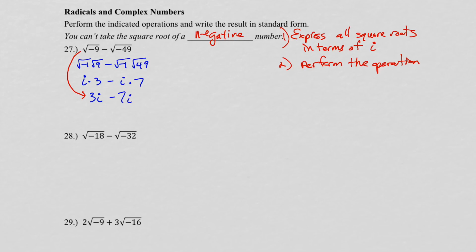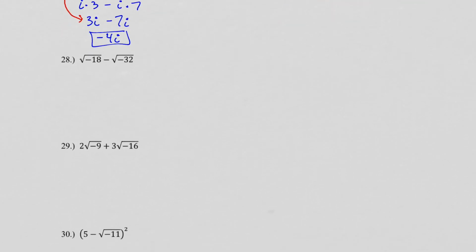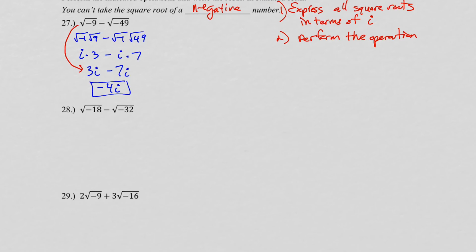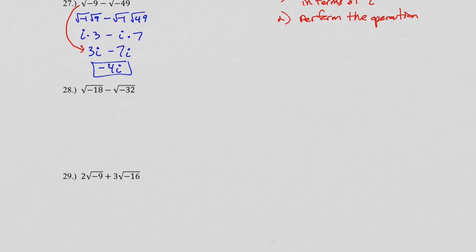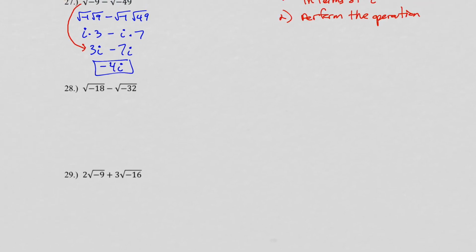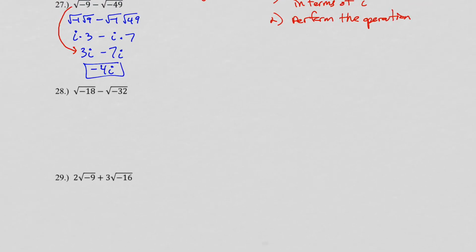Okay, so our final answer then is going to be -4i. So notice that we took out the i's and then we did the calculation. All right, same thing here.